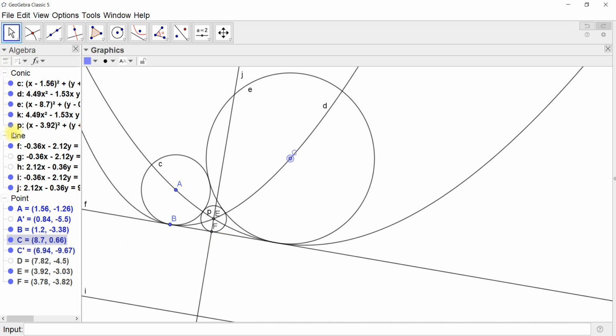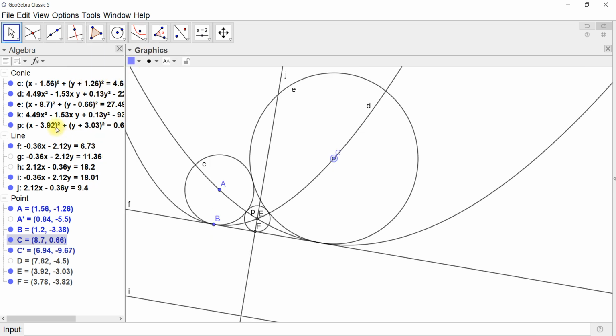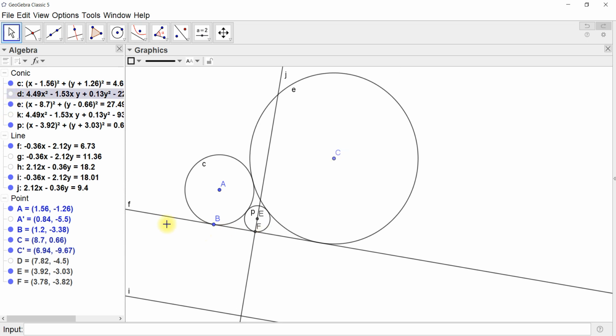And now I could go up to all this conic stuff and get rid of it. I move this across. I can see some of the labels of these. I see that E and C and P are the things that I want, so I probably don't want K and D. I don't want these new lines. And I get rid of F2.